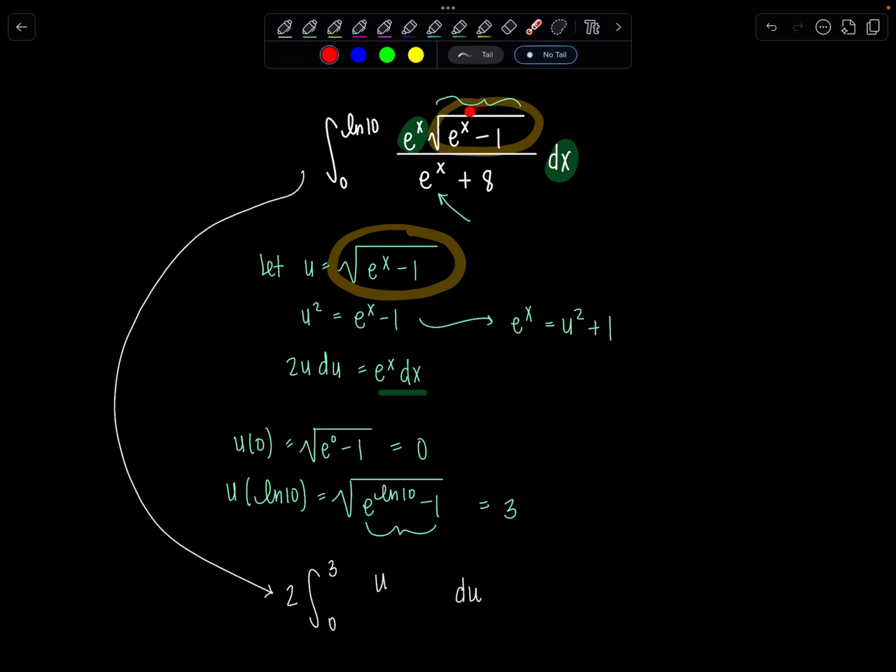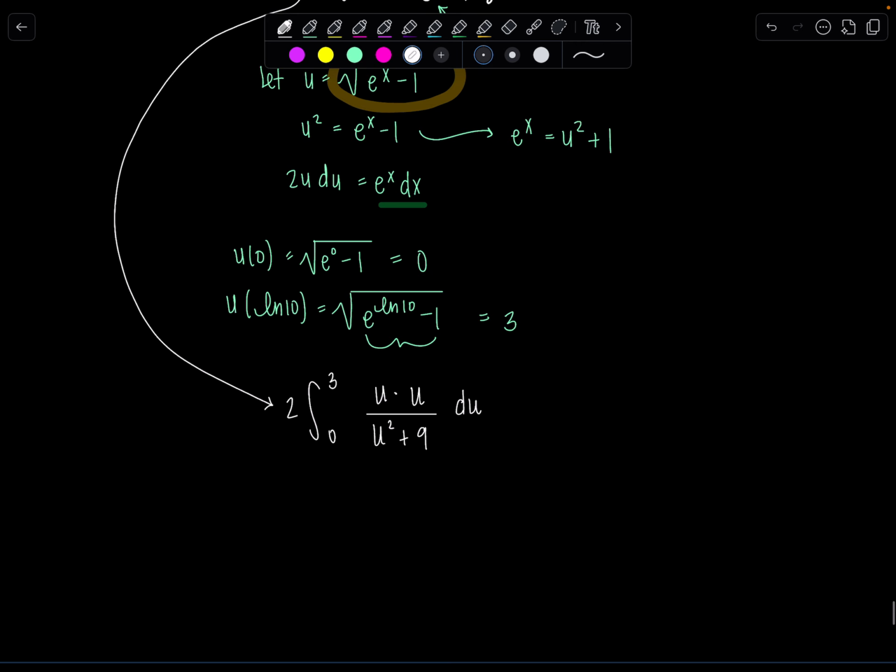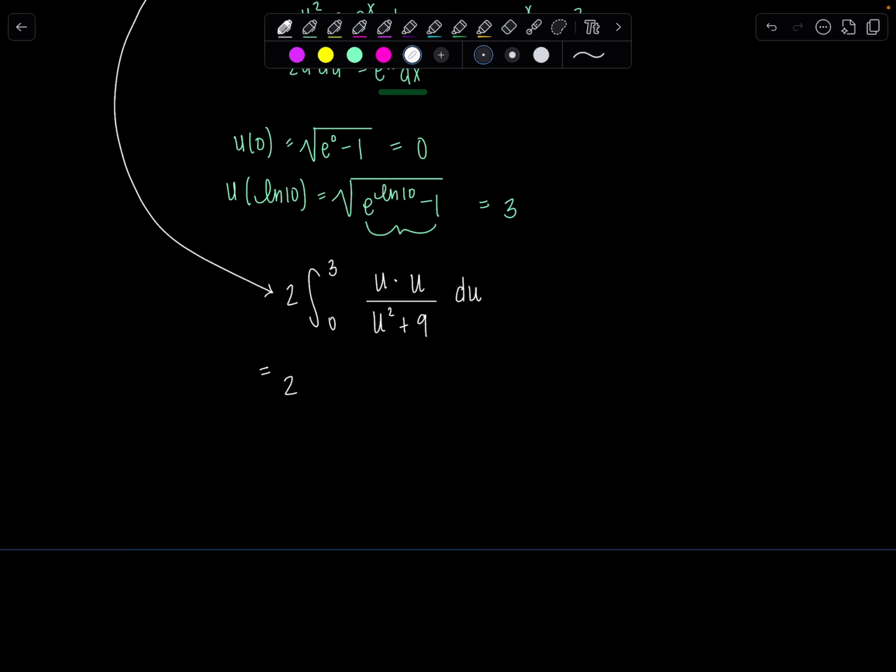Square root of e to the x minus 1, that's another u, over, and then remember, e to the x is u squared plus 1, plus 8. So this is u squared plus 1 plus 8, which is plus 9. How are we doing? Fabulous? Okay, good. So this is 2 times the integral from 0 to 3 of u squared over u squared plus 9 du.